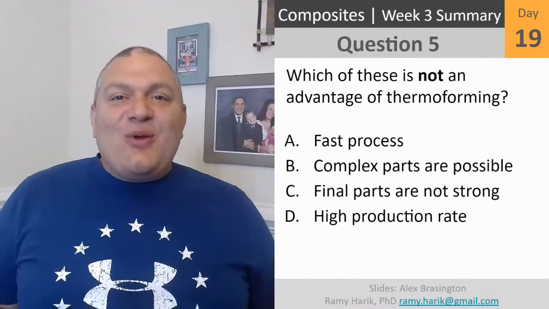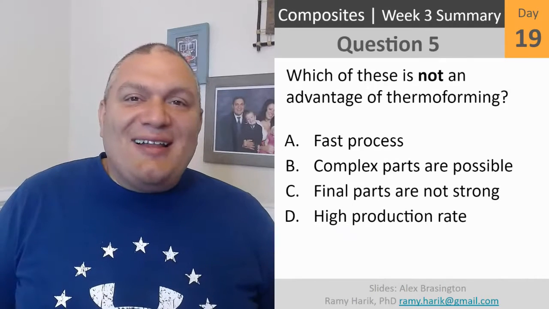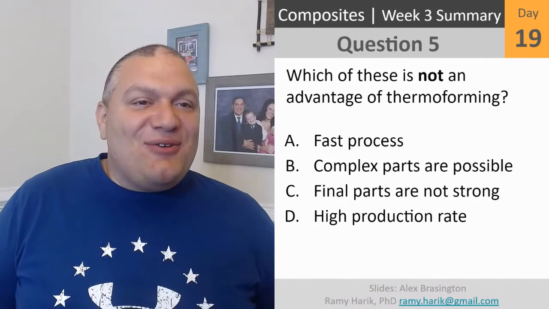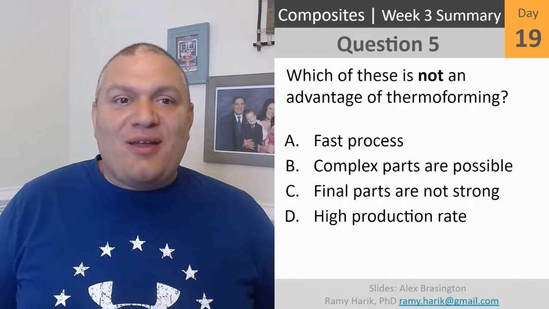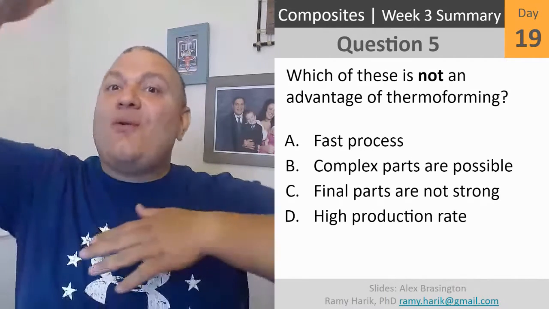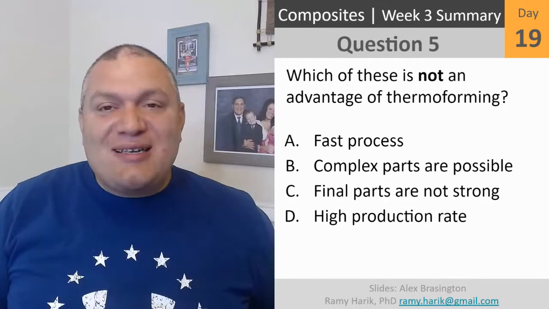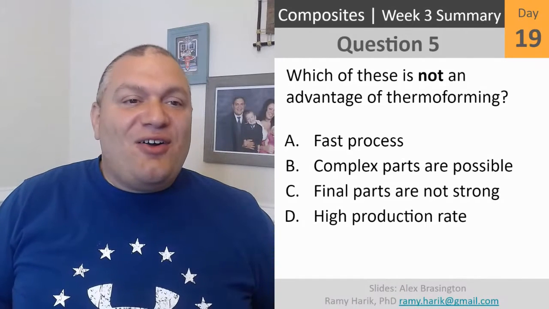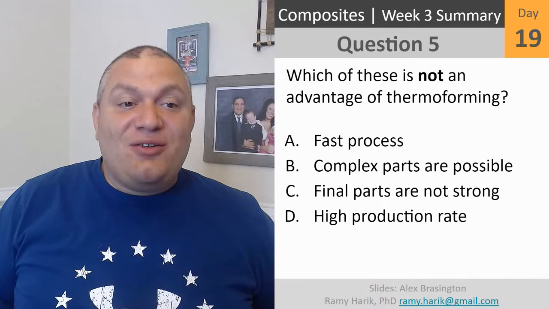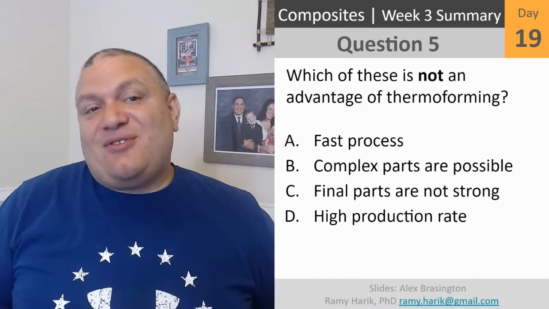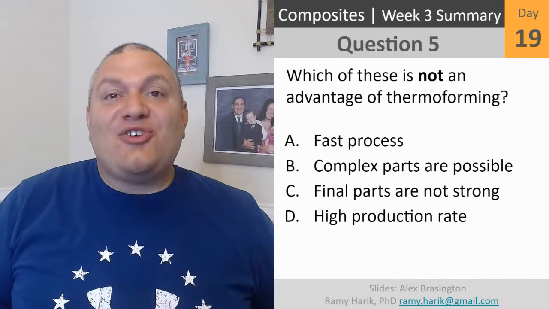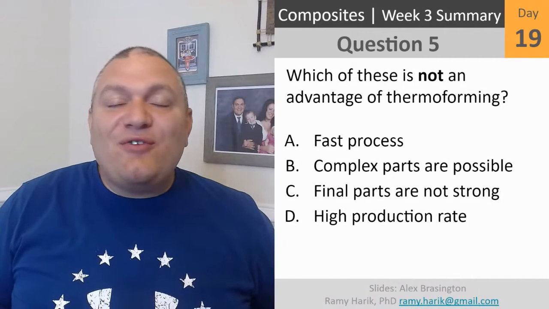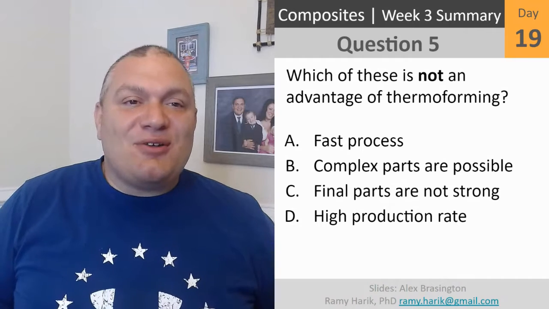Question 5. So we are midway into our little summary of the week today. Which of these is not an advantage of thermoforming? Remember the concept of thermoforming, where we have the closed mold process. We're actually trying to have a process that ends up in a few minutes, so it's a fast process.